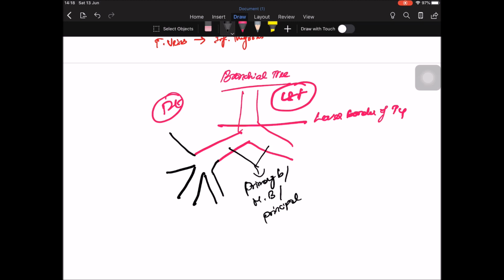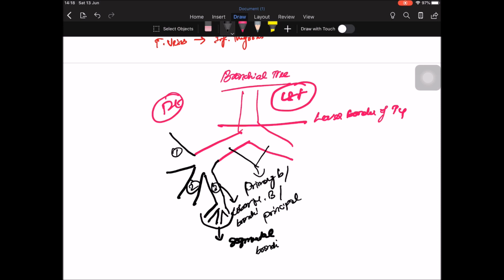This three division we call as lobar bronchi. After that, it further divided into segmental bronchi.